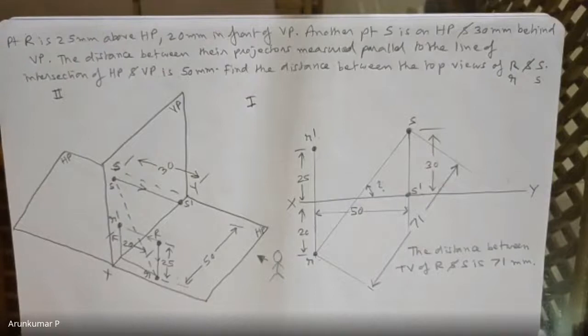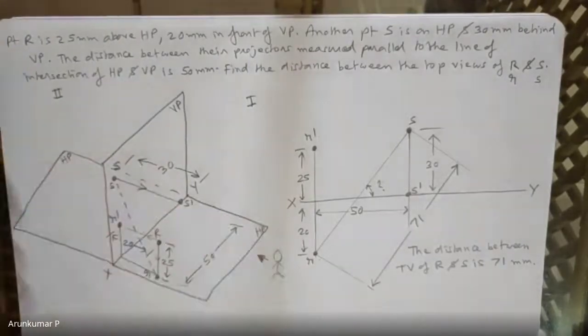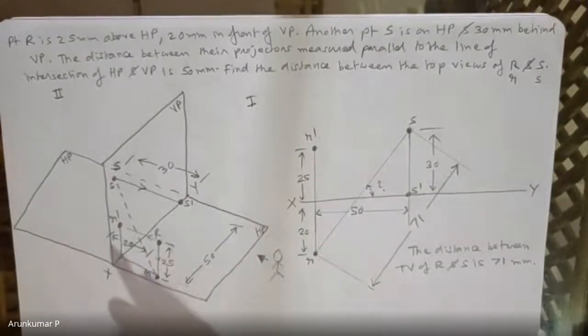The point R is 35 mm in front of VP, while the point S is 50 mm behind VP.